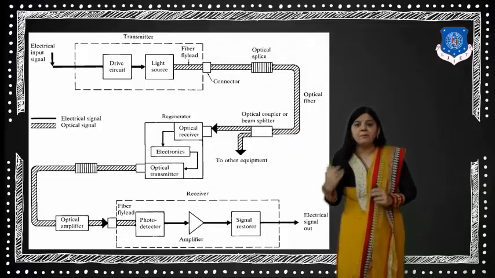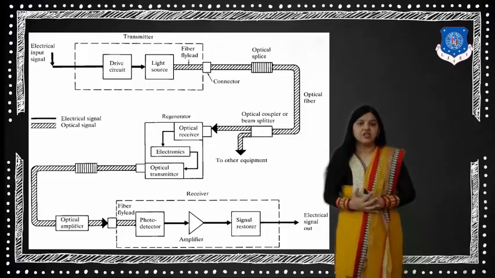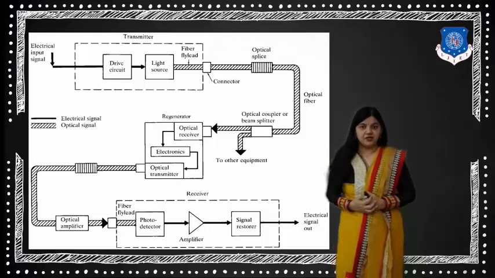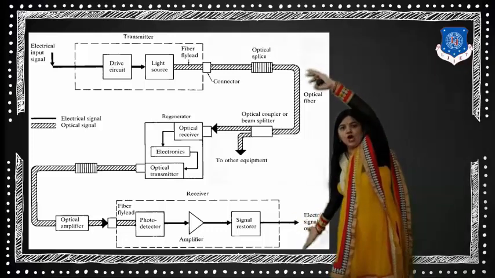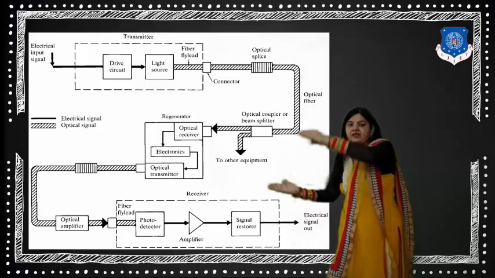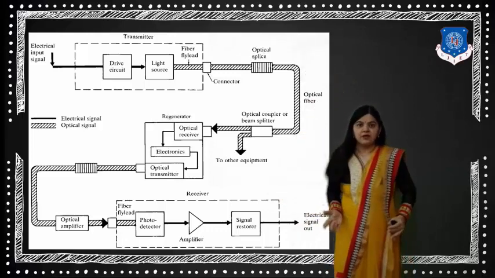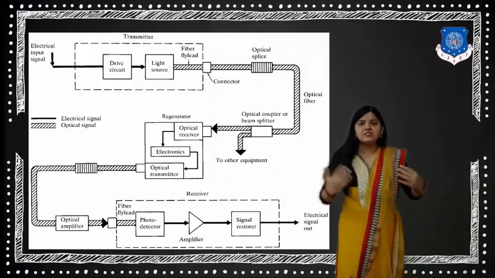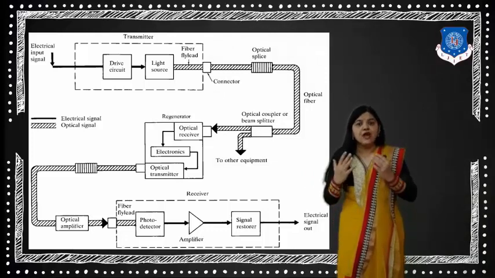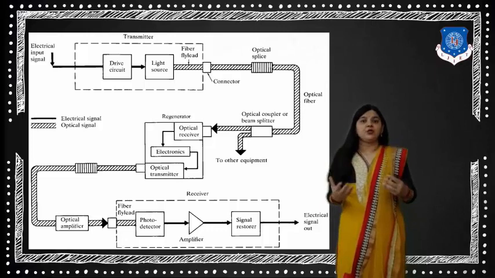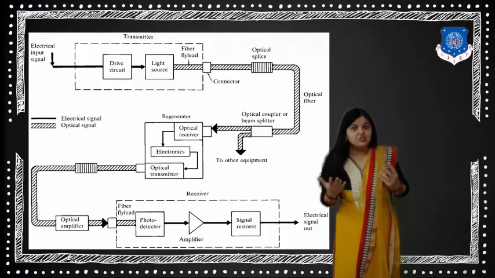Now we have the repeater or the regenerator in between. Here is the optical transmitter, over here the optical receiver, and between them there is a repeater. As we know, whenever the distance is large, at that time we need to amplify or regenerate the particular signal.